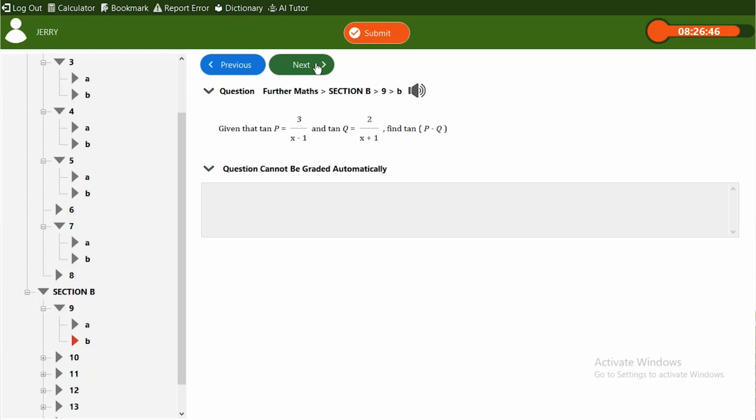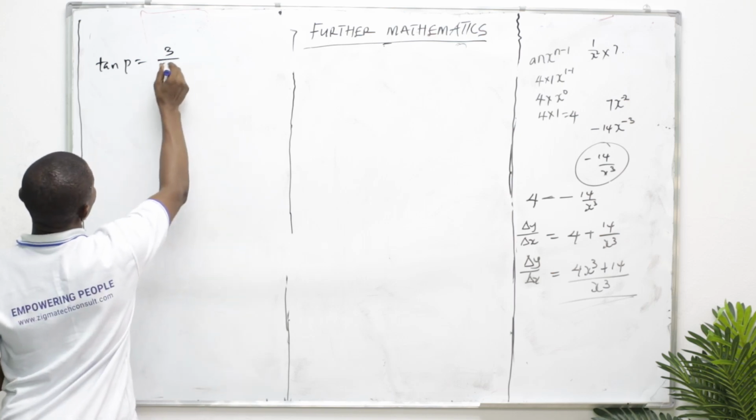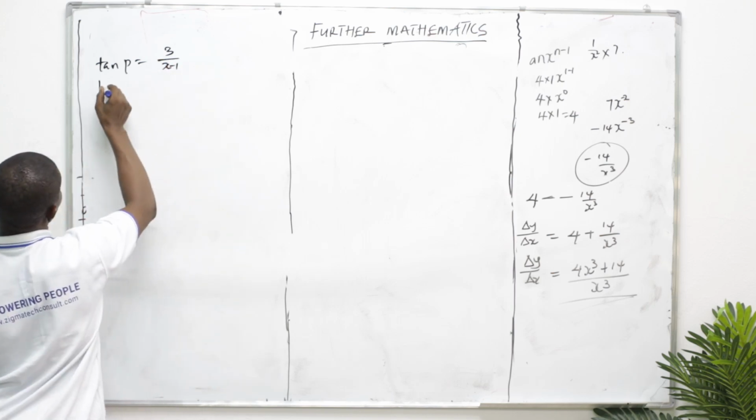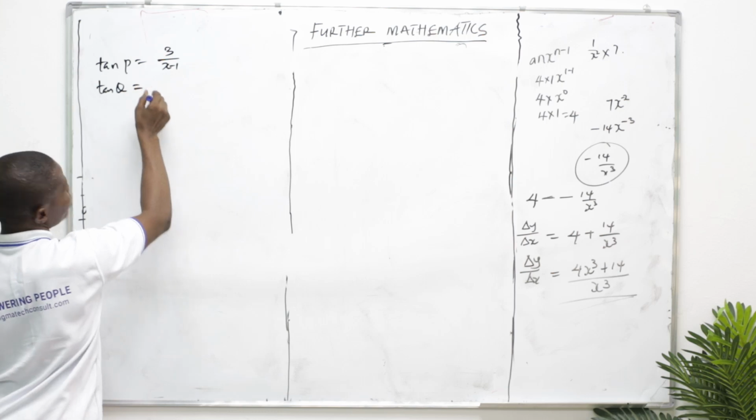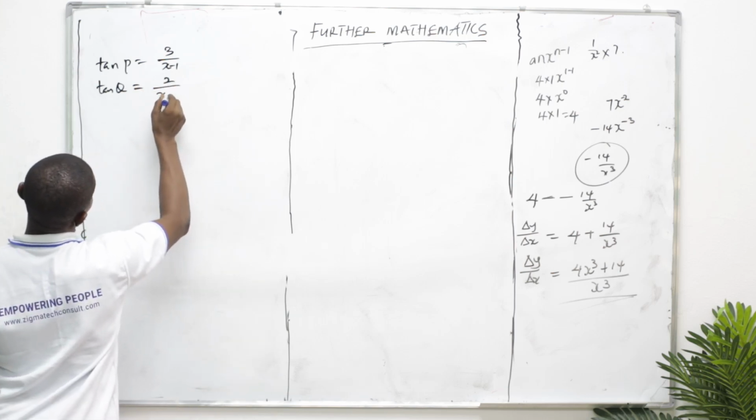The B part of this said, given that tan P equals 3 over x minus 1 and tan Q equals 2 over x plus 1.